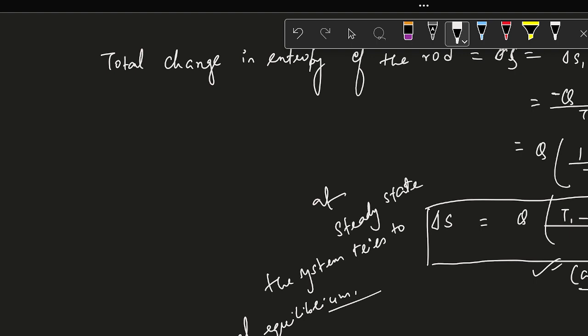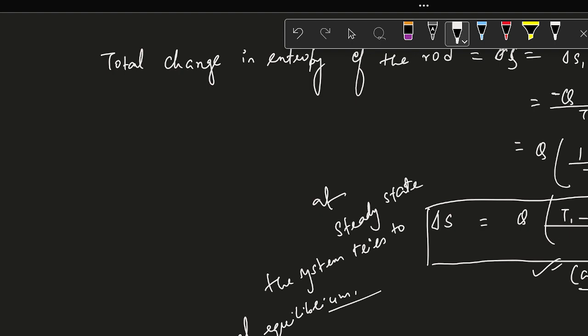I think this was a very simple question. You can also simplify it even further, because you know the expression of Q, so you put that into this expression. This is just K times A times (T1 minus T2), and here is also (T1 minus T2), so both will be (T1 minus T2) whole squared, divided by L that was present in Q, into T1 T2.